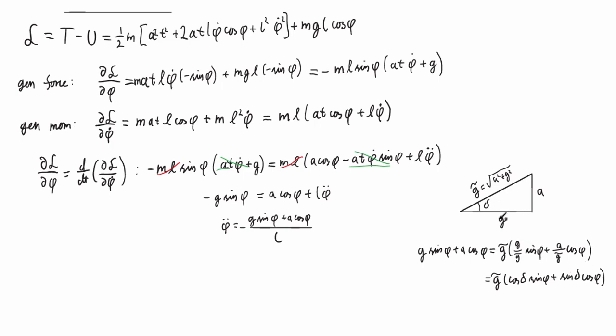Right, because g over g tilde is cosine of delta, a over g tilde is sine of delta.